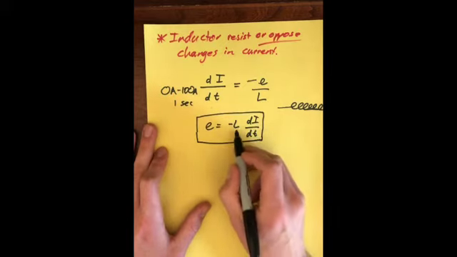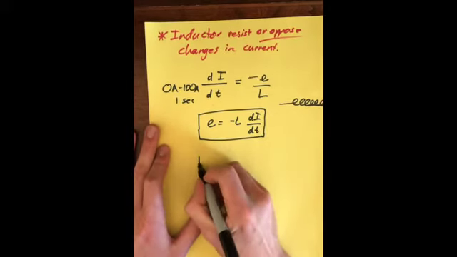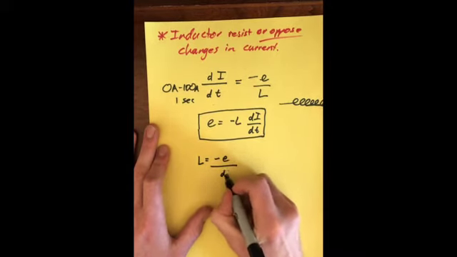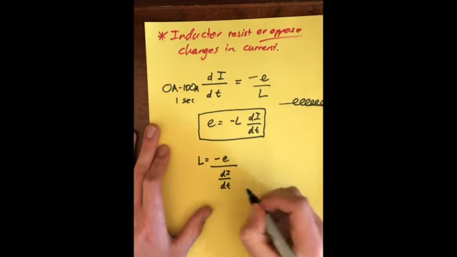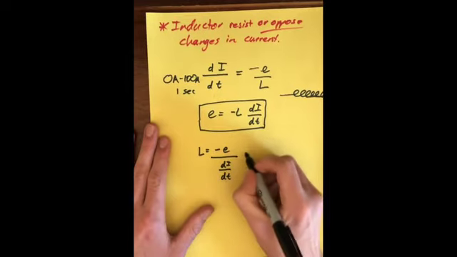I like to rearrange it and solve for L so that we can look at the units for inductance. This way, L is equal to negative E over di/dt. And that is very interesting because we can look at the units for each one of these.